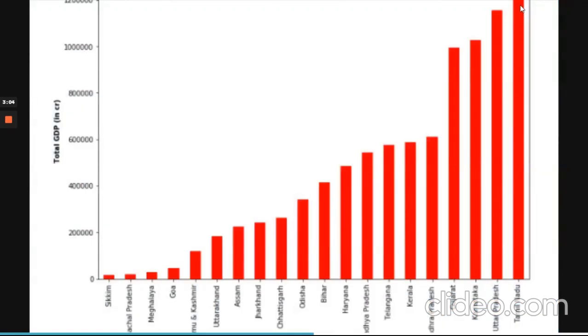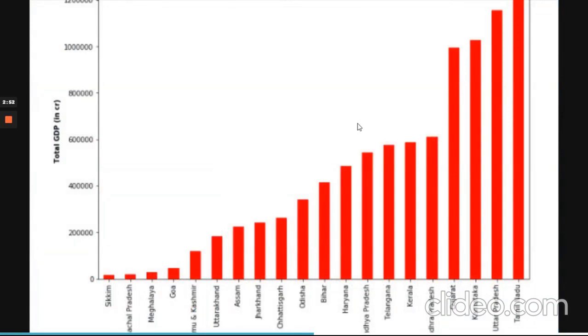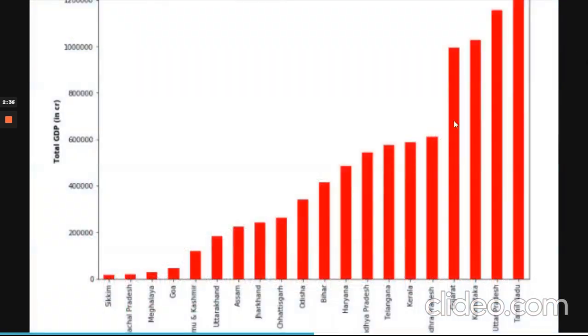As you can see, Tamil Nadu's bar has gone up, but Sikkim has lesser, right? Arunachal Pradesh also has lesser. So you can compare the GSDP of various states through this graph, and also different kinds of points like the GSDP of the most populous state, which has the biggest population. Uttar Pradesh stands at position 2. So there's more population. You can see that when there is more population, there's more GSDP from that state.